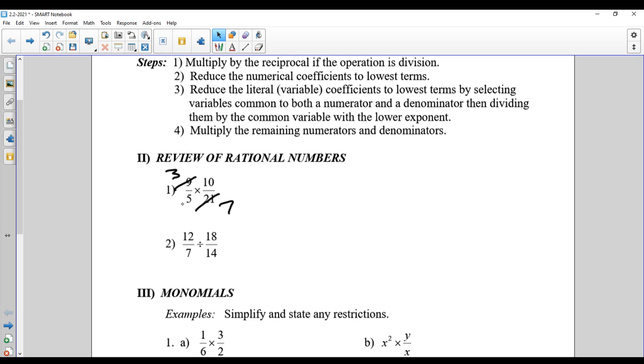I'm going to divide this 5 by 5, which gives me 1, and this 10 by 5, which gives me 2. So I'm making it easier for myself by reducing it at the very beginning. Divide through by 3, the two numbers that are divisible by 3, 3 and 7. Divide through by 5, which gives me 1 and 2. So what's left is 3 times 2, which is 6, over 7.